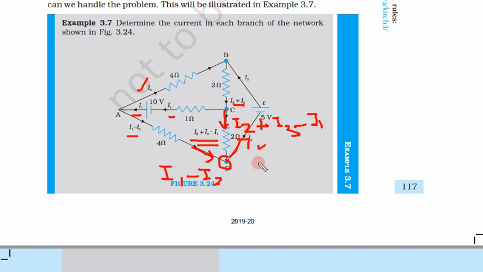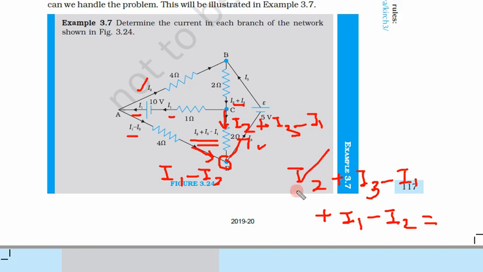Let us check how I3 current is leaving. Current entering is I2 plus I3 minus I1 plus I1 minus I2, and I2 and I2 are cancelled, I1 and I1 cancel. So current leaving must be equal to I3.